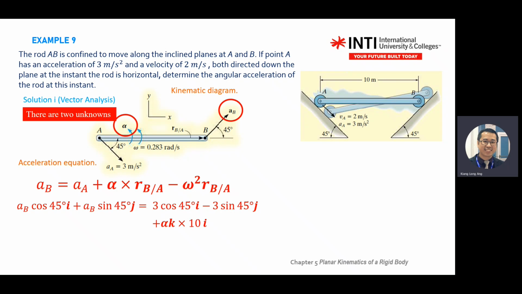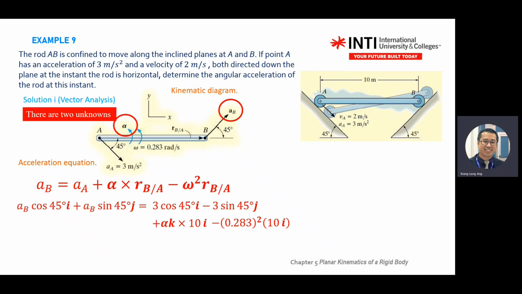Okay, alpha, so positive k, cross the 10, r_B/A, this length is 10 i in the x direction. Then omega, you need to find from the V. Then omega squared r_B/A is 10 i.